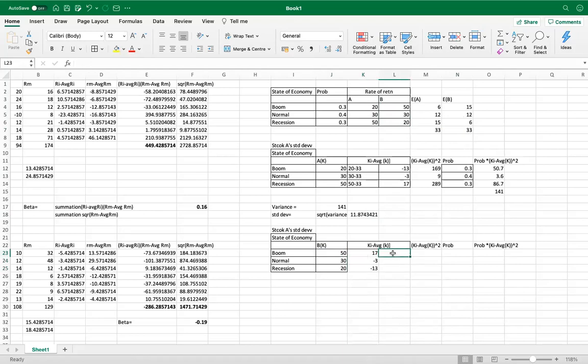Did you understand? Are you following? 50 minus 33, 30 minus 33, 20 minus 33. So let me square this. What is the probability here?